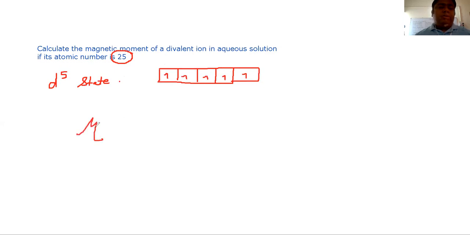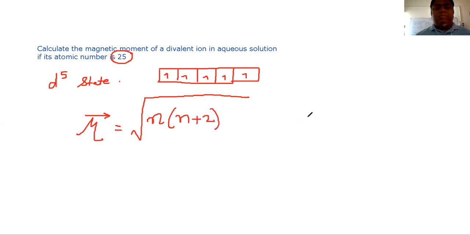Magnetic moment is a vector quantity, is found out by formula square root of n into n plus 2, where n is number of unpaired electron.